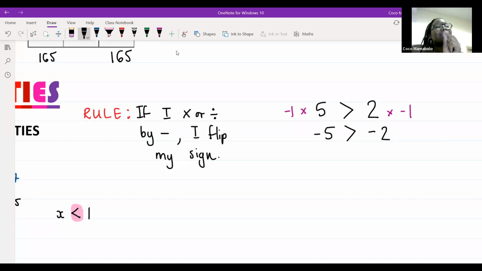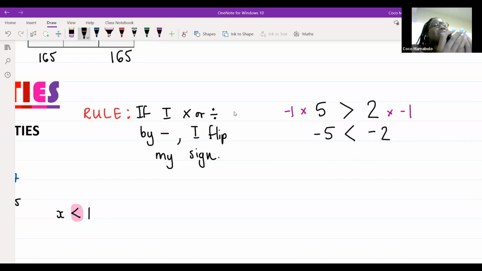Now look at my sign in the middle. Is this statement still true? Is negative 5 bigger than negative 2? No. Ketiwa, you're 100% correct. Negative 2 is bigger. That's why I flip my sign. I must flip it.